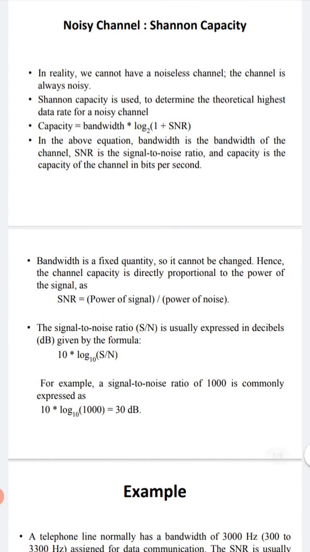For example, a signal to noise ratio of 1000 is commonly expressed as 10 into log S by N, where the value is 1000. So log 1000 to the base 10 is equal to 30 dB. dB means decibel, because signal to noise ratio is expressed in decibel.